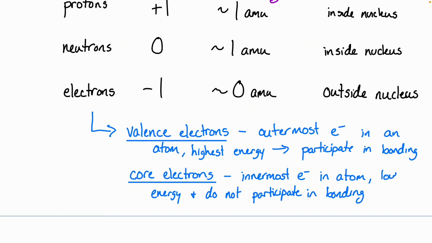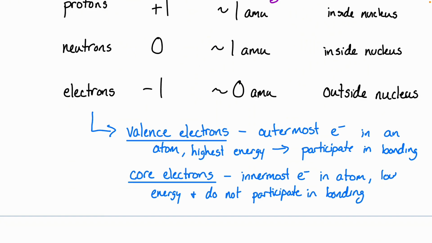Okay, so this term valence electron is going to be really important. We're going to hear that over and over again. It turns out that elements that have the same number of valence electrons behave very similarly, even if they have different masses. All right, so we will pay a lot of attention to valence electrons throughout this course.